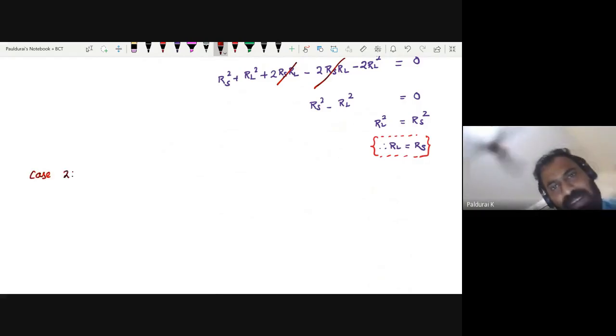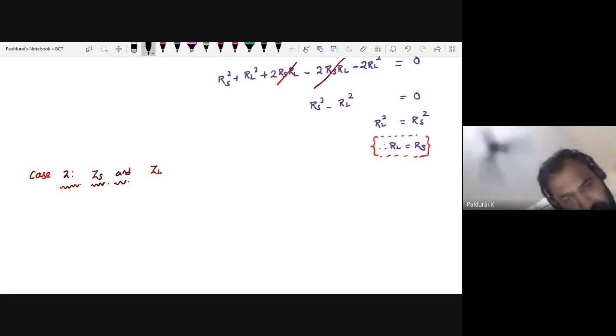Case 2, it's quite interesting and it is important. Try to understand this concept clearly. What is this? ZS, source impedance, and ZL, load impedance. Can you draw the equivalent circuit diagram this time?